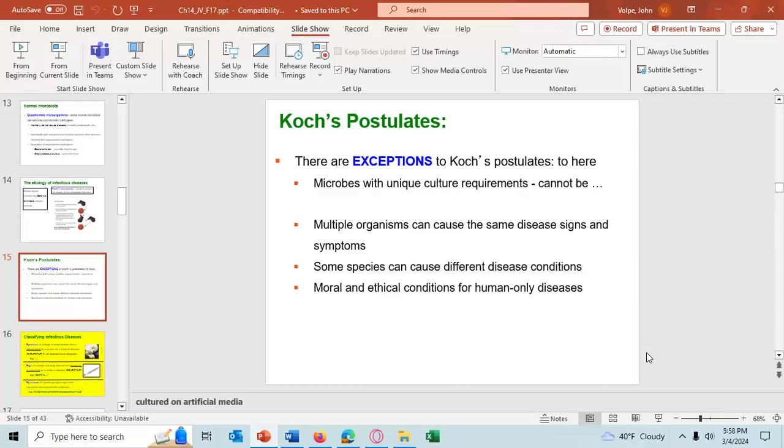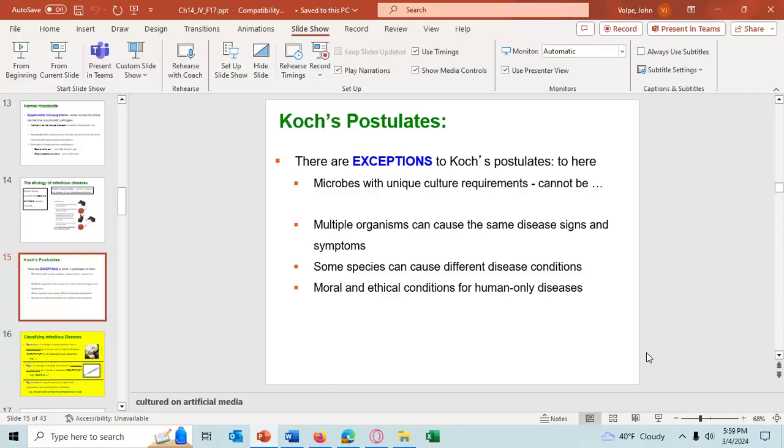But what did we do when we couldn't get it to grow in tissue culture? We knew that Treponema pallidum caused syphilis, but we couldn't get it to grow in tissue culture. So how did we show that Treponema pallidum caused syphilis?